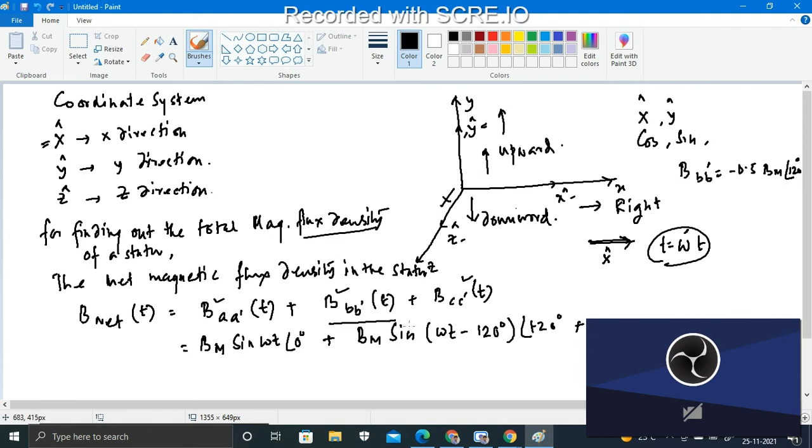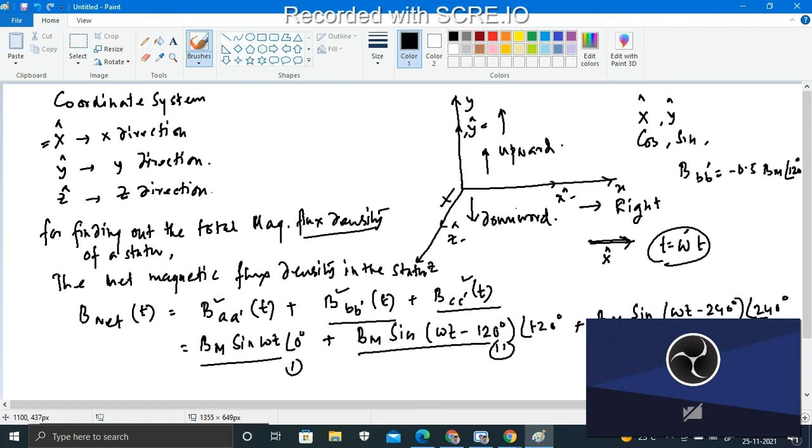We are adding all those things, right? For the third one, what will be my value? That will be BM sine of omega t minus 240 degree, at an angle 240 degree. So these are all the components: number one, number two, and number three.